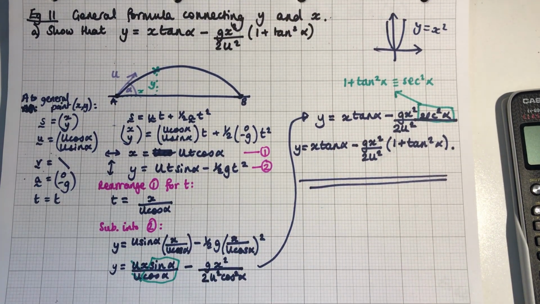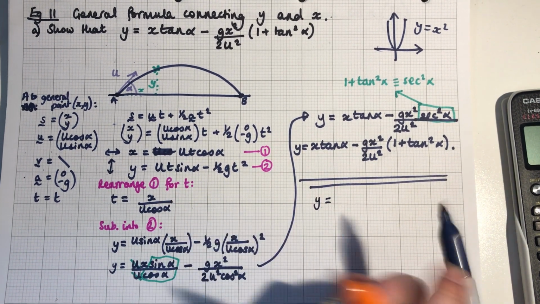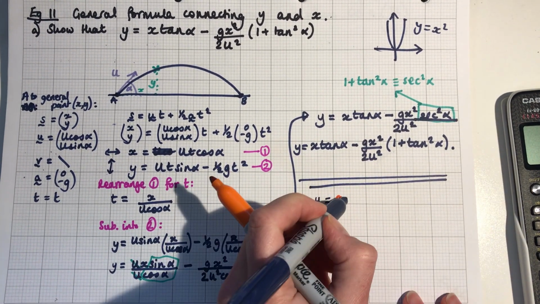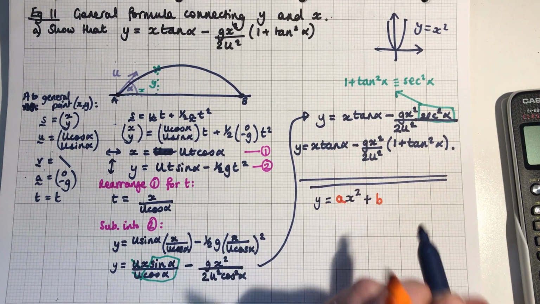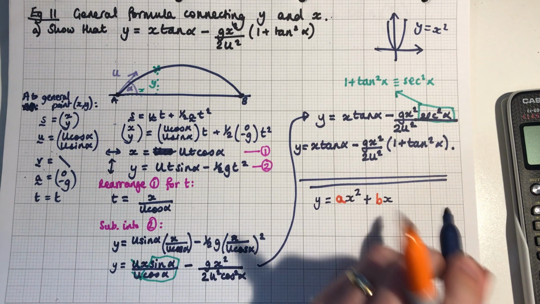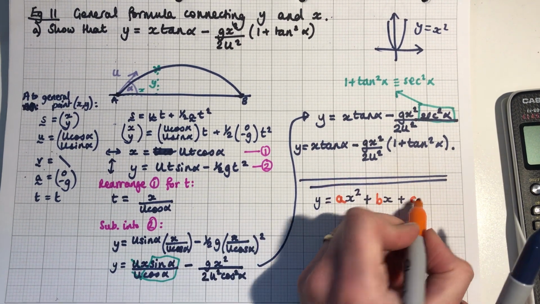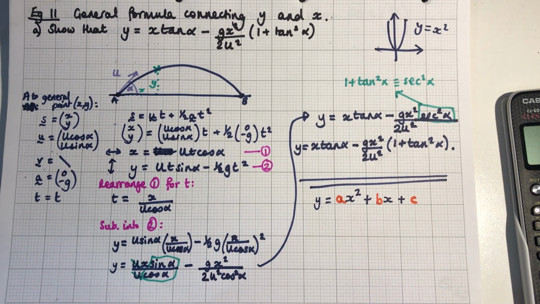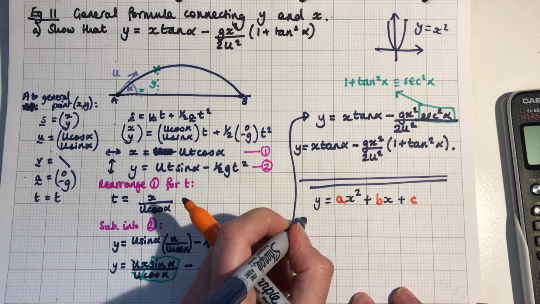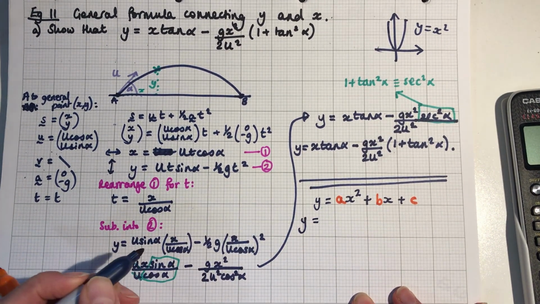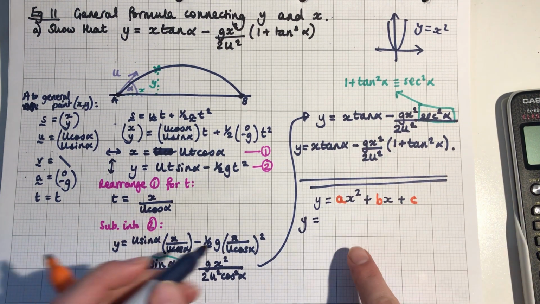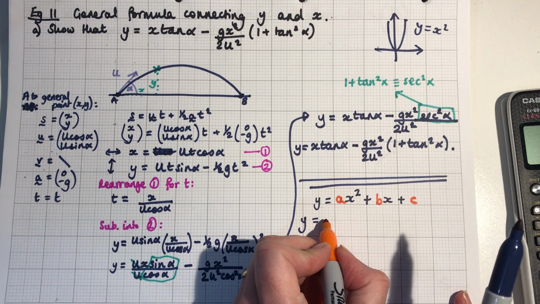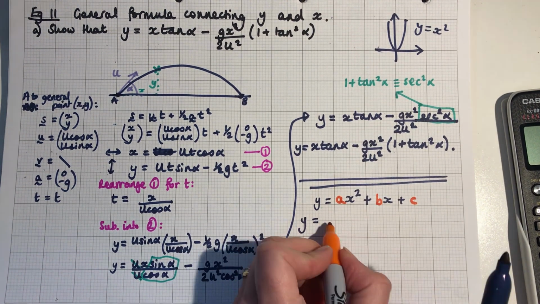Let's do it in a different colour. In fact, no, I'll do it like this. y equals a x squared plus b x plus c. You know that any parabola looks like that, don't you? And look at this one. y equals, here's our x squared. So let's write that bit first. But everything that's around multiplying the x squared, I'm going to put in orange.